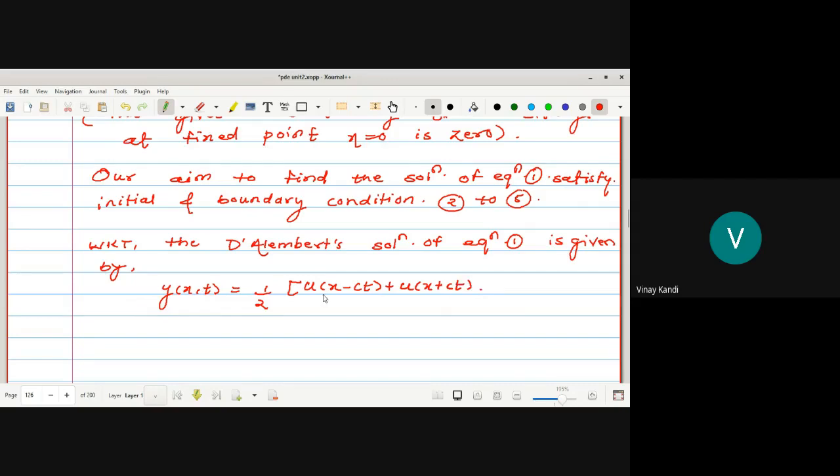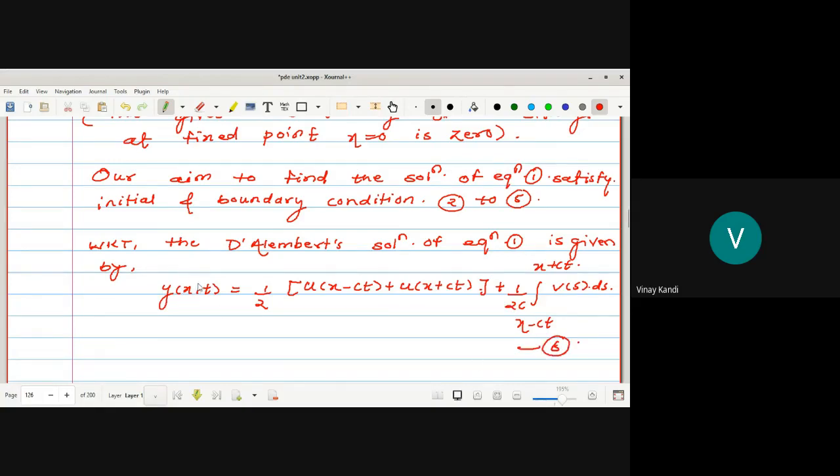There the initial deflection was f of x, here the initial deflection is u, so u of x minus ct, plus 1 upon 2c integral from x minus ct to x plus ct of v of s ds. Here v is the velocity. So this is equation number 6.